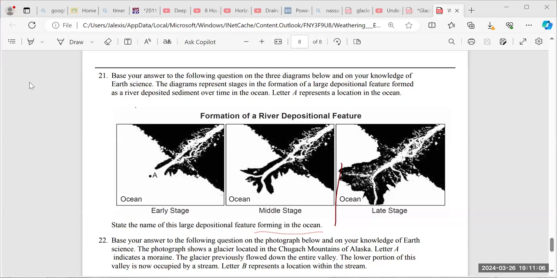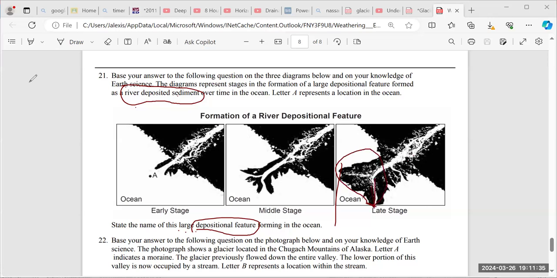So some key things I see. A river deposited sediment over time. And we know that this is a large depositional feature. So that narrows down a few things. When I'm looking at A and what's occurring over time, doesn't it look fan shaped? Especially around here.